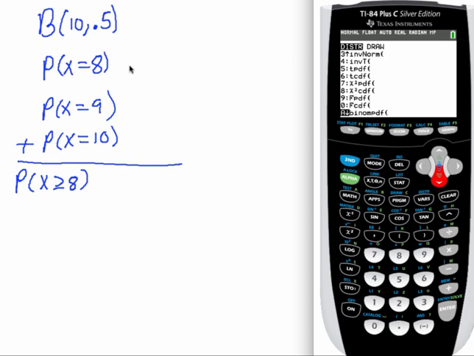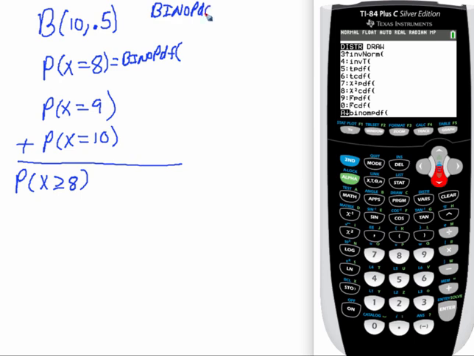So what that means is that the probability of x being equal to 8, written how the calculator would do it, would be binom PDF, and I need to give it three things. Let me do it up in general first, and then we'll come down and do it for our particular problem.